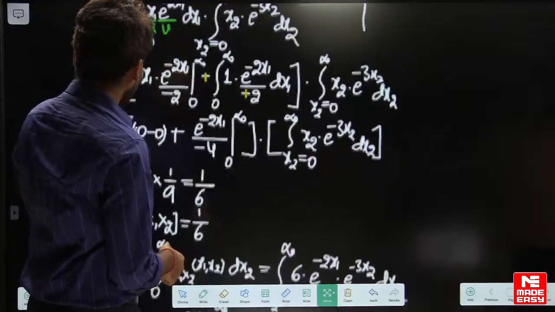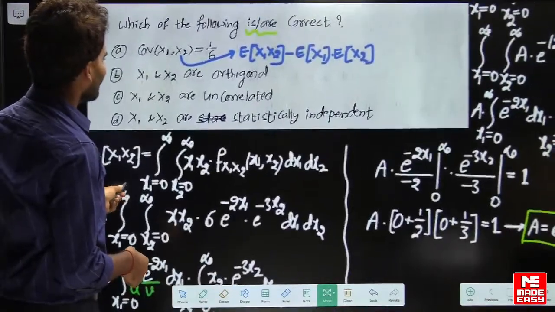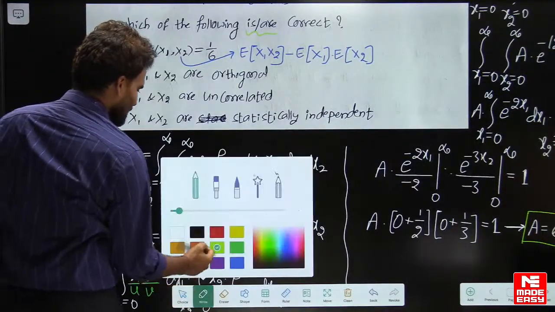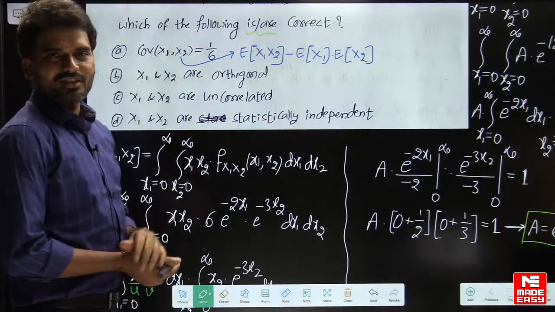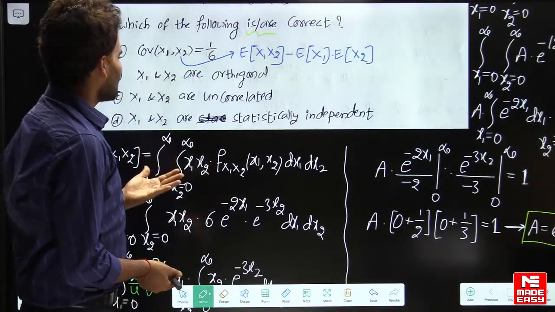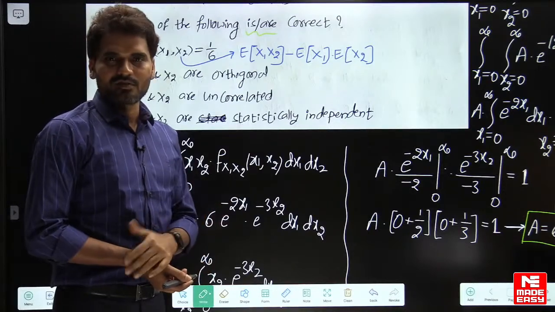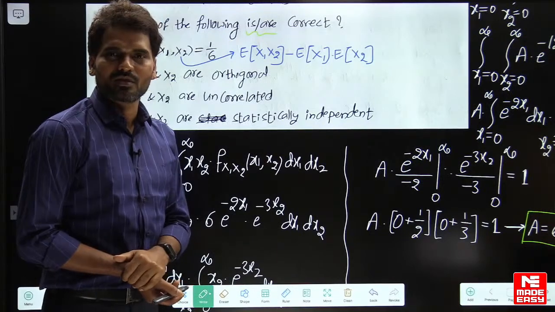Here, expectation of x1 x2, how much did we get? 1 by 6 we got. And if you see option B, it says x1 and x2 are orthogonal, but this is incorrect. As I said, only if the correlation function, expectation of x1 x2, equals 0, can we say x1 and x2 are orthogonal.